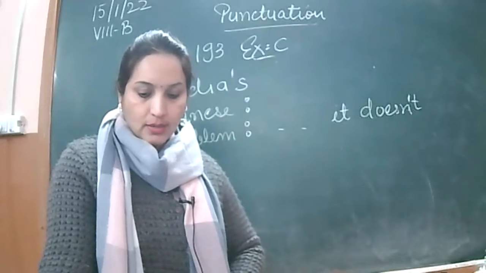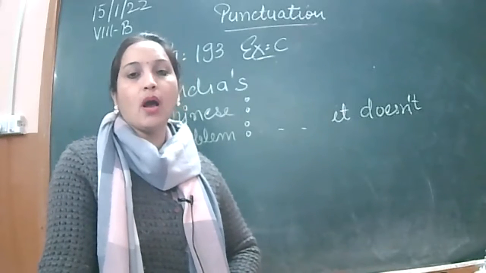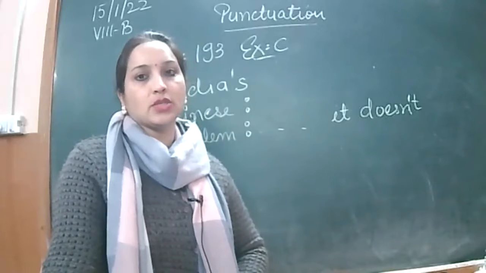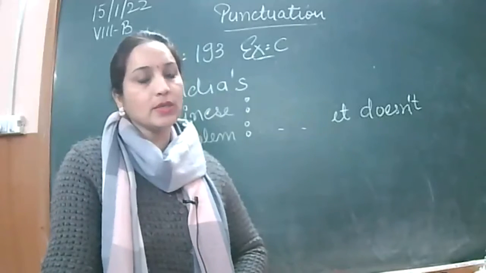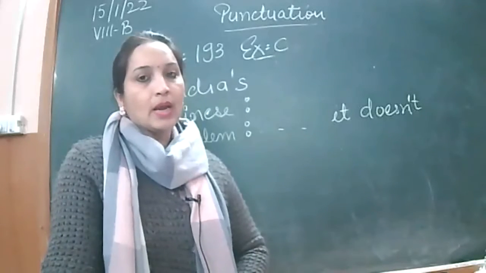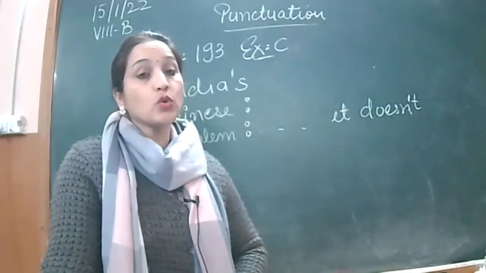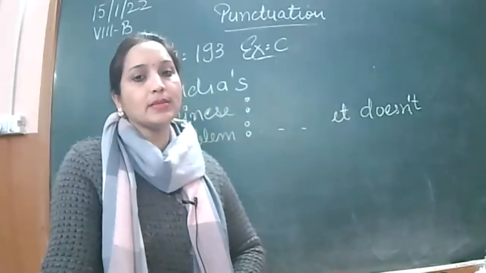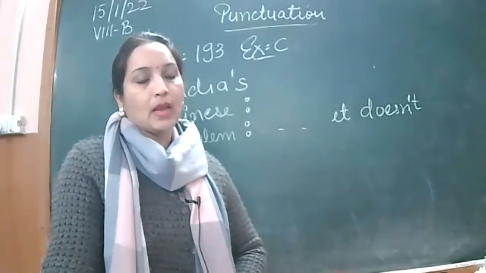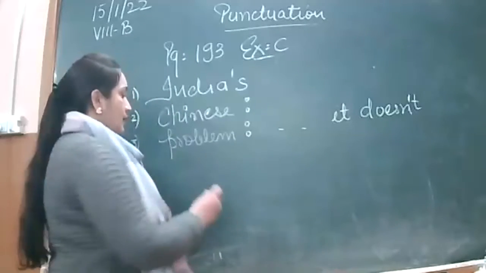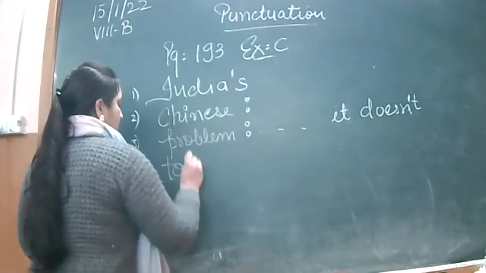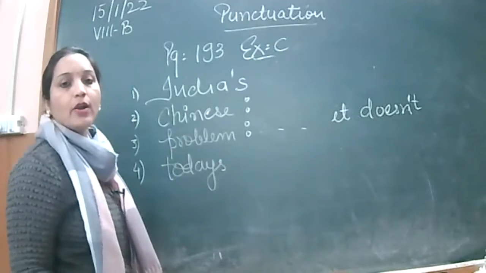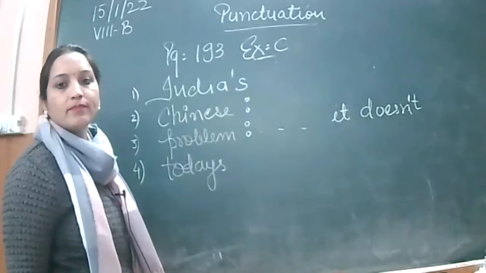The speakers in today's session are. So what is the problem there in today's session? Do you think it is right? No. Write your correct answer. Today's. How to write today's? In the answer it is written today's, so it is right. Where do you have to put the apostrophe?